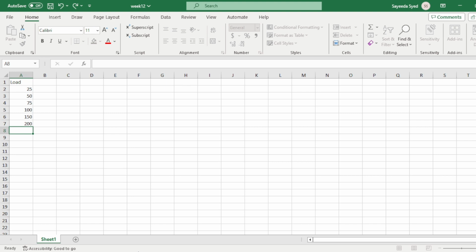The elastic settlement was 0.1, 0.15, 0.35, 0.6, 1, 1, and 1.8. Okay, so let us draw a plot for this.